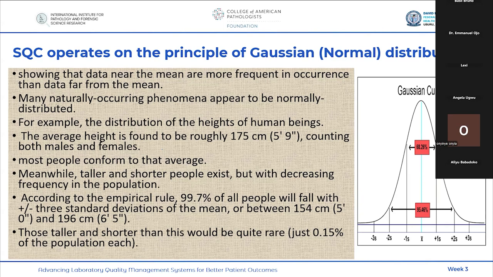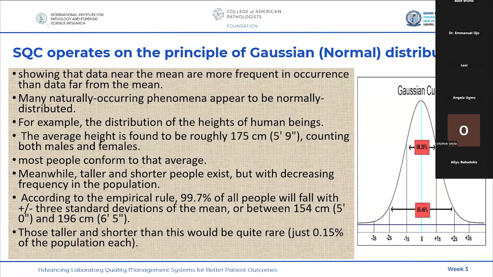The average height is found to be roughly 175 cm for both male and female. Most people conform to that average. However, there are taller and shorter people still in our population. But of course, there are lesser numbers of these individuals, I mean, the taller and shorter people.